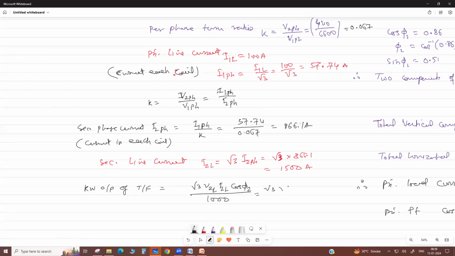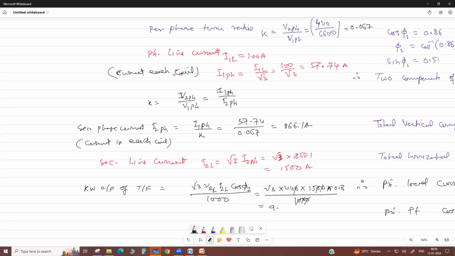Root 3 into 440 into I2 which is 1500 into 0.8 power factor divided by 1000. कितना आ गया? जाएगा आपका 440 into 1500 into 0.8 into root 3.